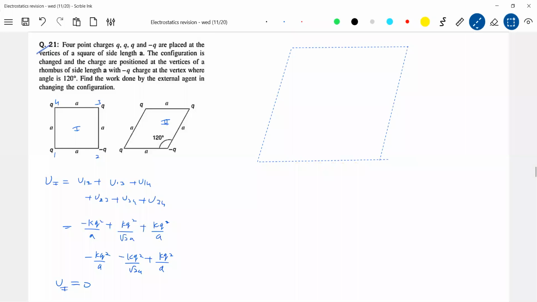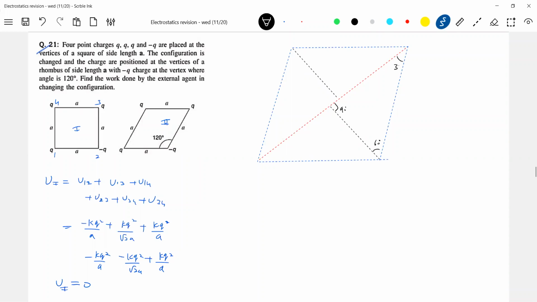Let's get into the geometry of this. So this will be the diagonal. We'll draw it for our reference. This angle is 120, so this angle is 60, 90.